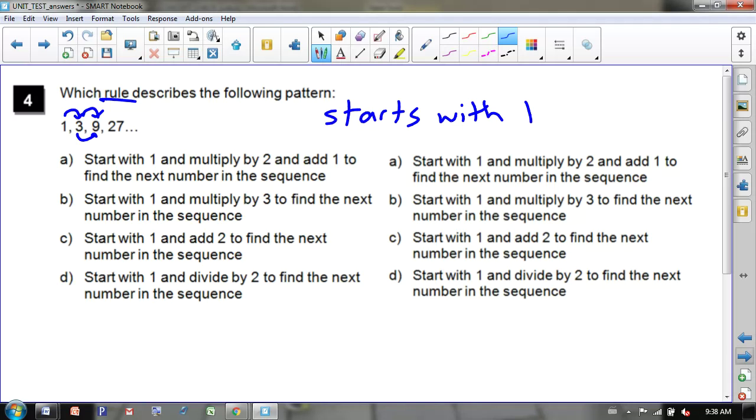So students hopefully will recognize that this is multiplication because the gap is changing each time. We're multiplying by 3 each time. If we look at all the choices here, we can find that it's answer B in version A, and in version B, start with 1 and multiply by 3 is also answer B.